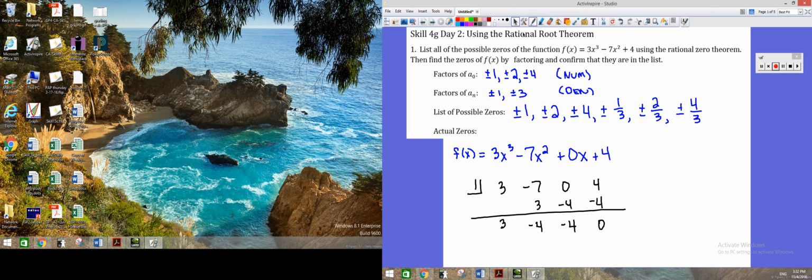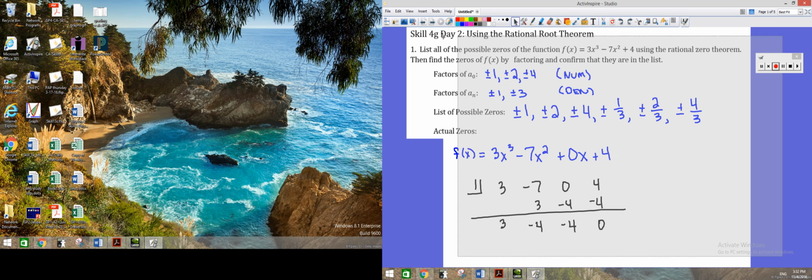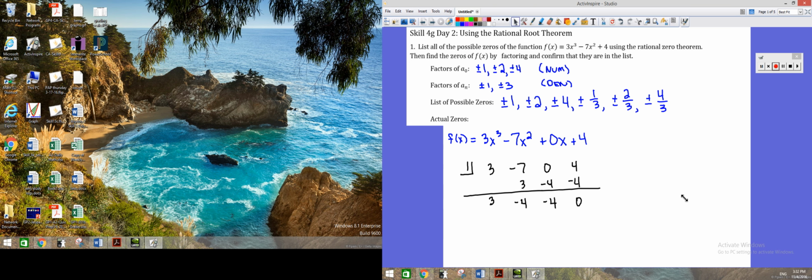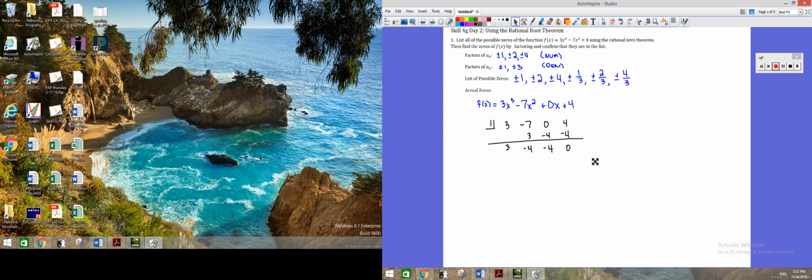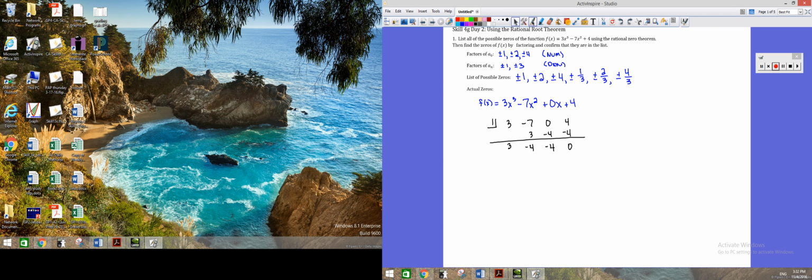So what does that do for us? It allows us to factor this expression. I know that f of x can be rewritten as a product of x minus 1, because if 1 is a zero of this function, in factored form we write it as x minus 1, and then I have 3x squared minus 4x minus 4.